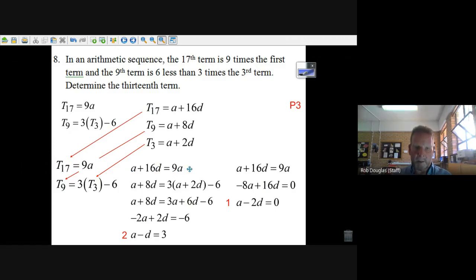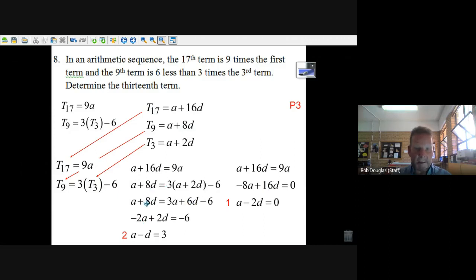There's our first equation. We get quite a few marks just for doing that. And now T9 is a plus 8d. So instead of T9, we put a plus 8d. And instead of T3, we put a plus 2d. That's all I've done. Now, I'm going to take this second equation and simplify it a bit. 3 times a is 3a, 3 times 2d is 6d. I'm going to subtract 3a from both sides.